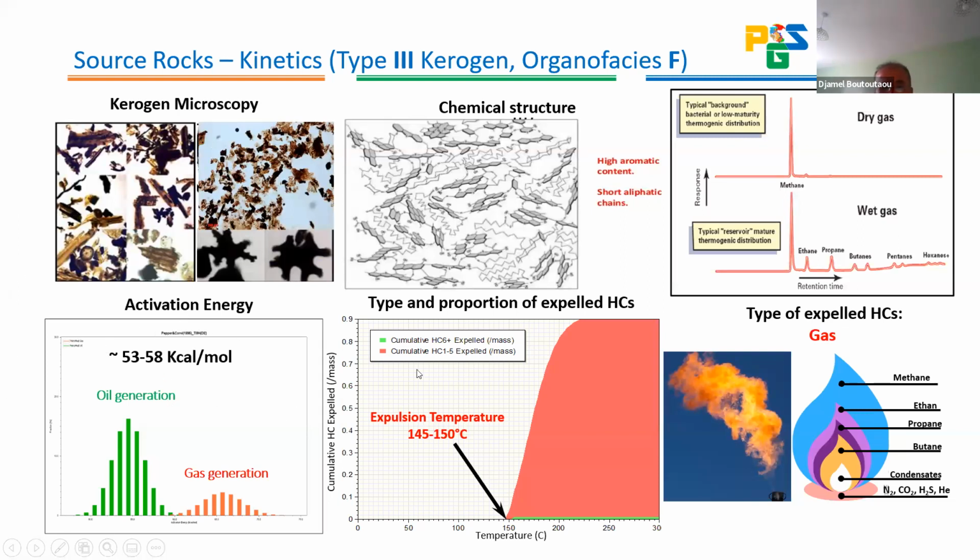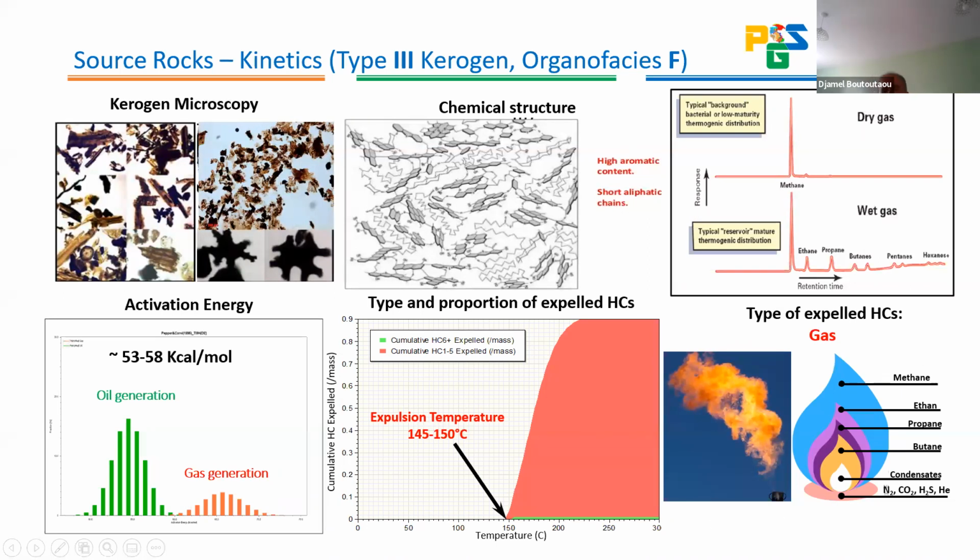You need much more energy to crack it and produce this gas, and a much higher temperature. You can have wet gas, you can have dry gas, depending on the maturity, I mean, at which stage you are generating. The more mature the source rock becomes, the drier the gas that you generate. And that's what we expect from this type of source rock.